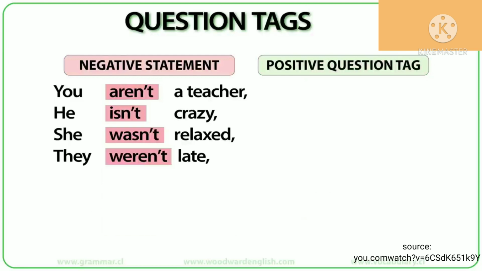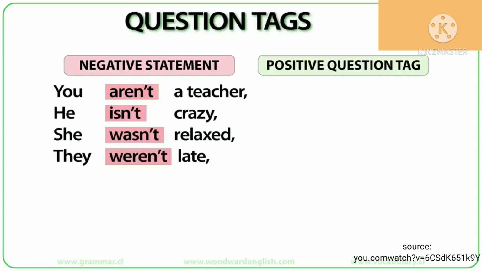Now we're going to look at positive question tags. If we have a negative statement, the question tag is positive. We will start with the verb to be. Here are 4 negative statements. Can you tell us what the positive question tag would be for each one?